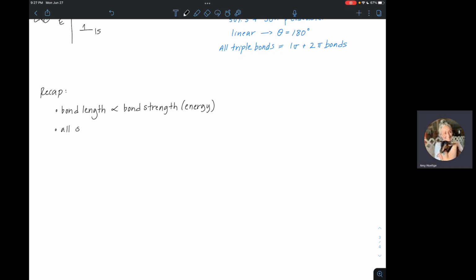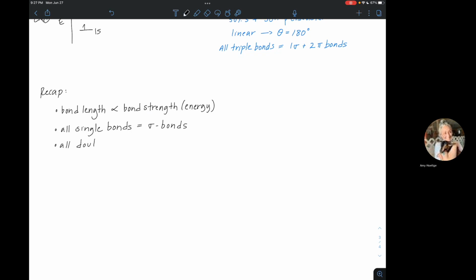All single bonds are sigma bonds. And we can use hybrid orbitals to make those. All double bonds are going to be 1 sigma and 1 pi bond.